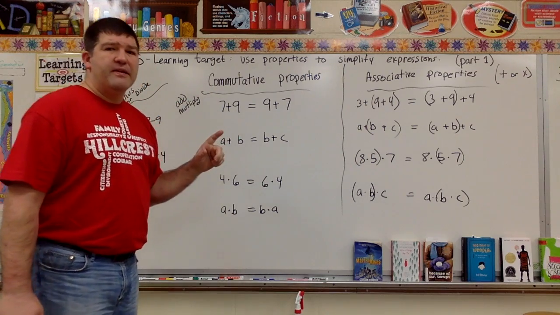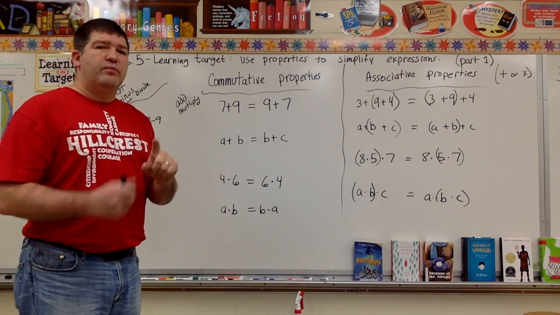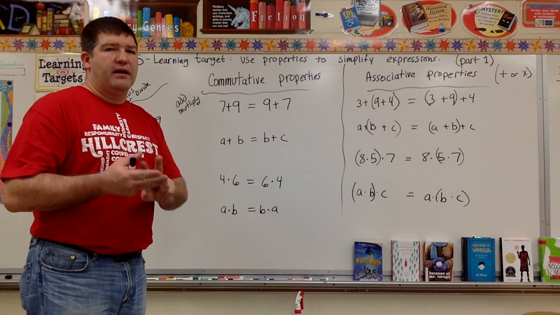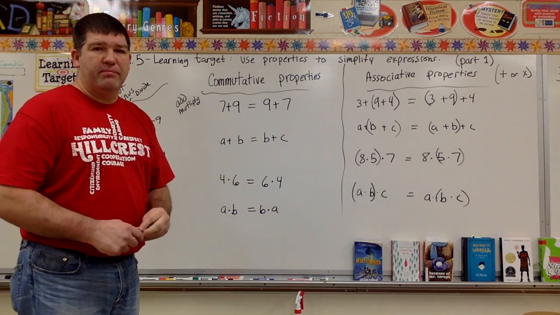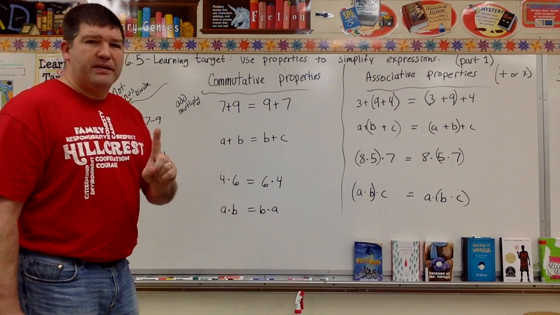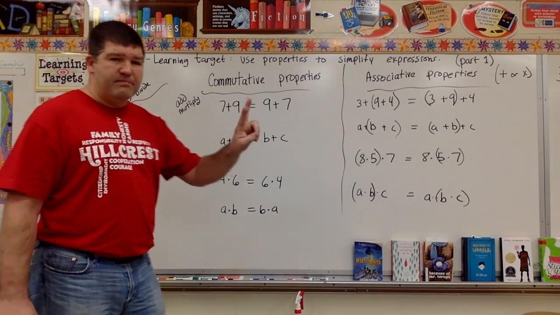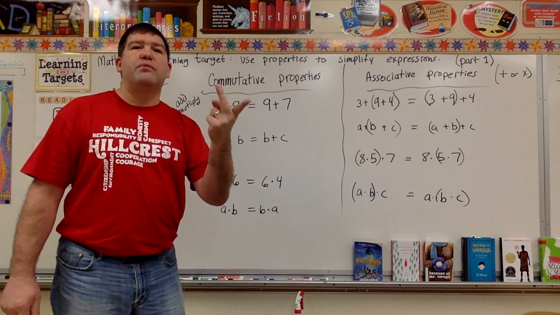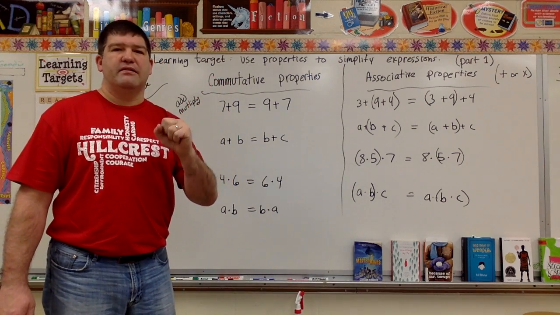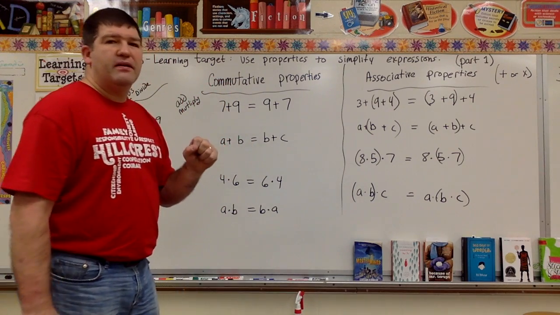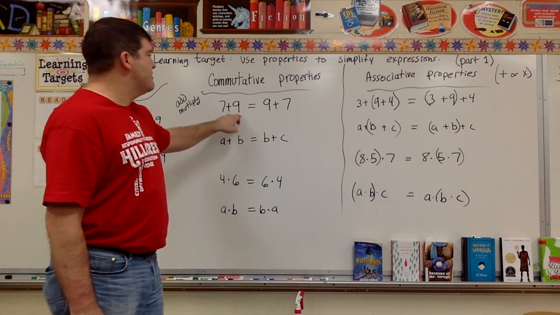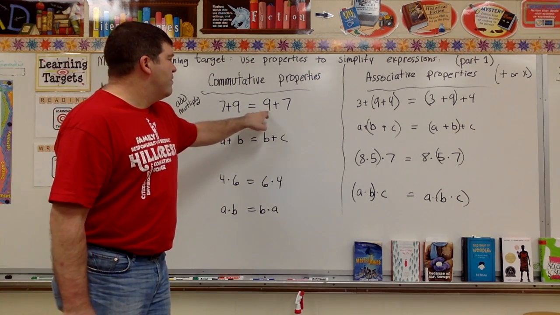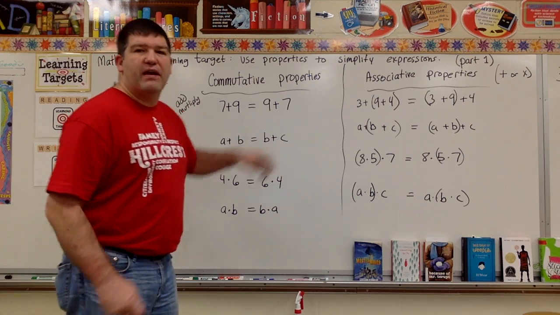Commutative properties. This is only good with adding and multiplying, but this works with every adding and multiplying problem. Commutative property says that when you're adding, it doesn't matter which one comes first or second. So you could have 7 plus 9 equals 9 plus 7.